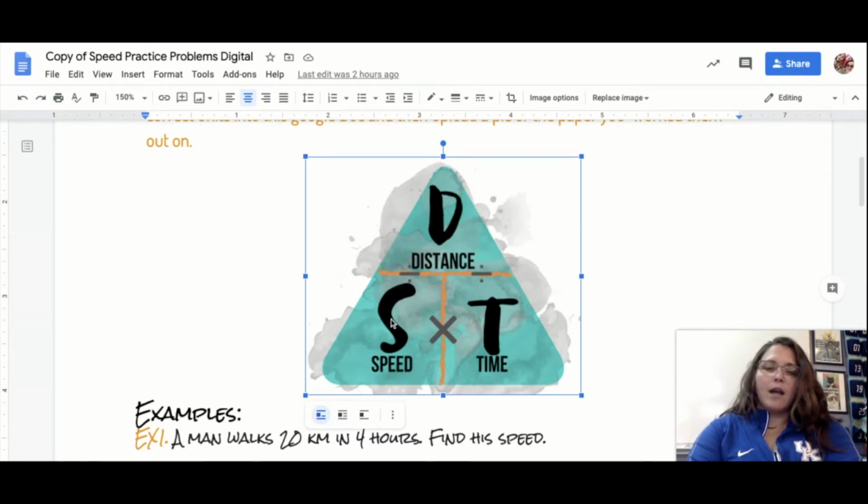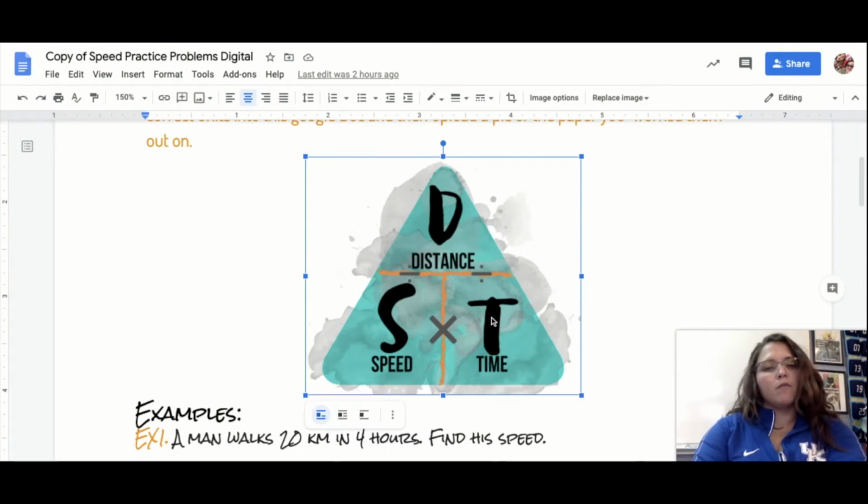So if I am solving for speed, I would cover up the S in speed, with my finger or just in your mind. If you cover up S, what are you left with? Speed equals distance over time. And if it's on top, that means you divide.